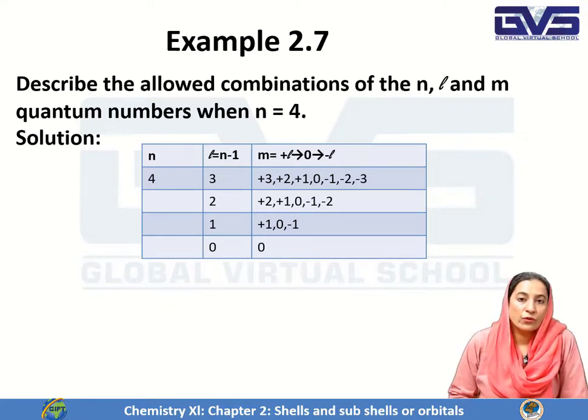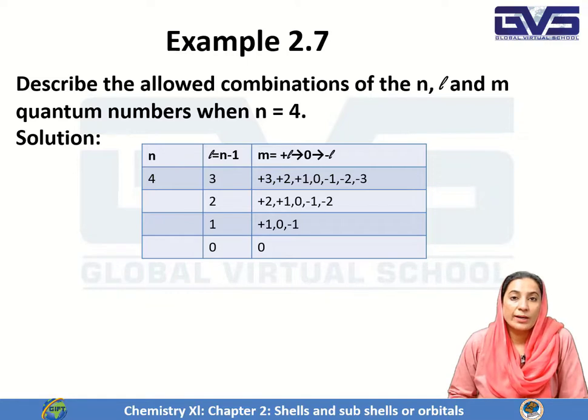When n is 4, l will be n minus 1. Of course, this will be 3. When l is 3, then the magnetic quantum number has +3, +2, +1, 0, -1, -2 and -3, total 7 orbitals. And lower than this will be 2, with 2 it is 5, with 1 it will be 3, and with 0 it will be 1. s, p, d and f.